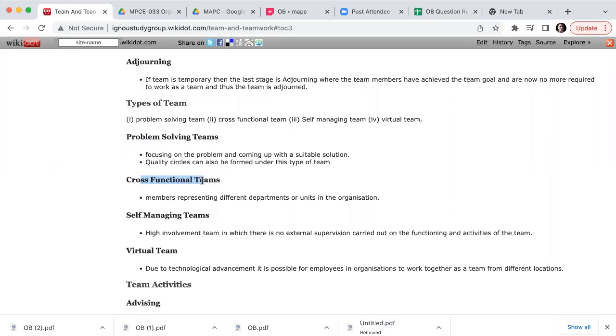Self-managing teams, these are the teams who can work independently, they don't require any other entity from outside the team, no external supervision required, so they can manage by themselves. Virtual team, okay, so this is a new concept, work from home.